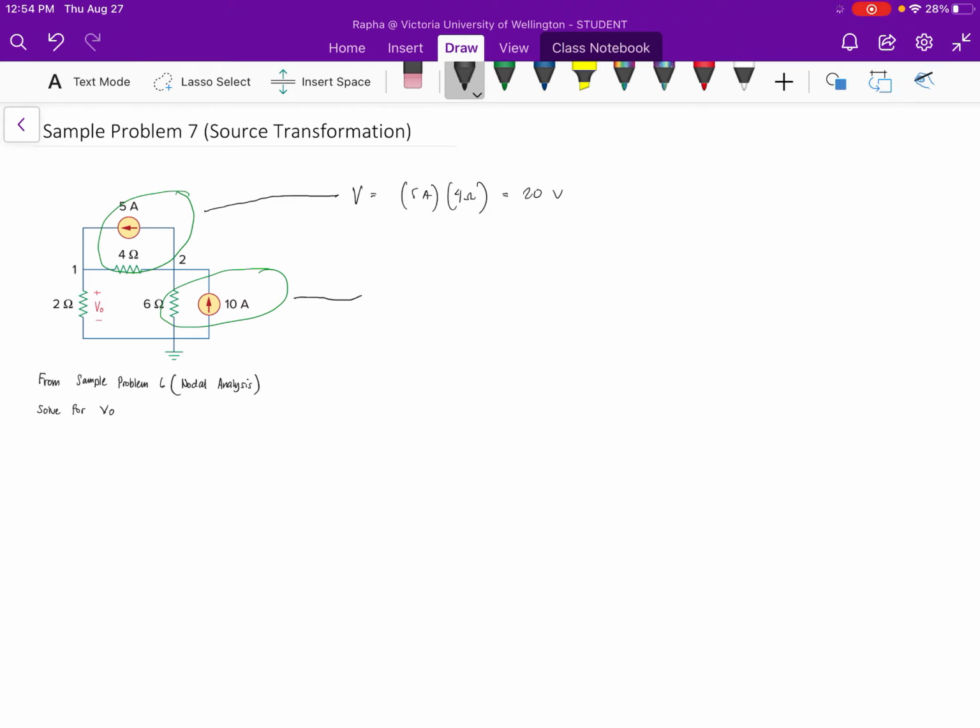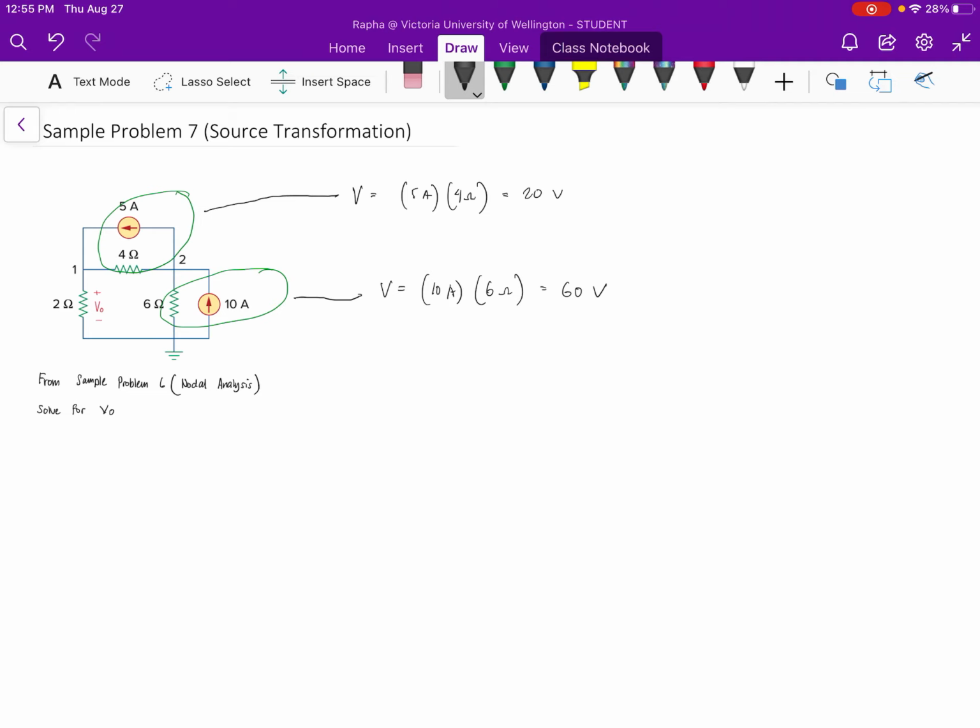And on this part of the circuit diagram, voltage is equal to 10 amperes times 6 ohms, and that is 60 volts. So by inspection, we can replace these two current sources with voltage sources with a resistor in series to each.